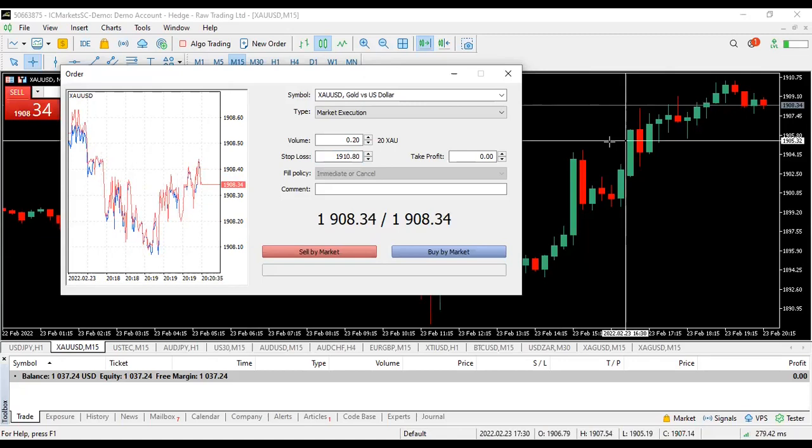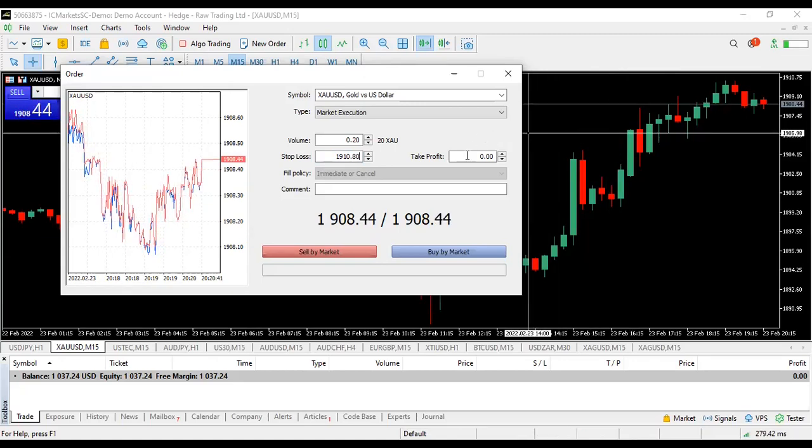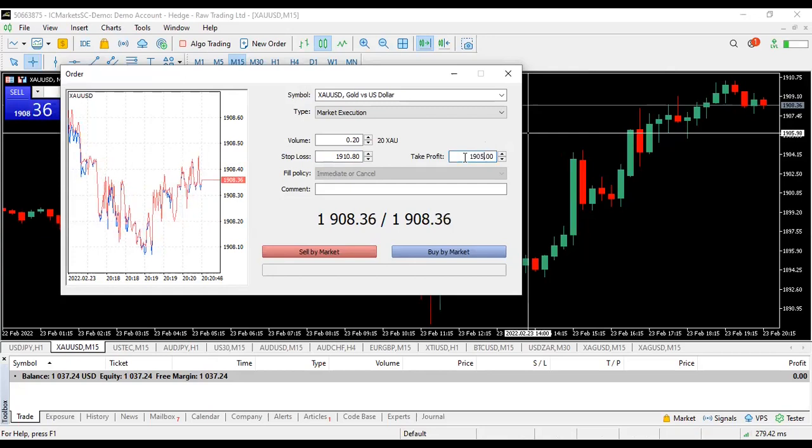So let's say my take profit is gonna be just here because it's just for demonstration. It's 1905.98. That 19.5 is the one that is there, guys, in white.